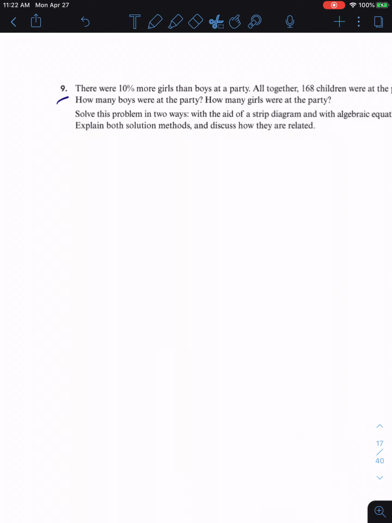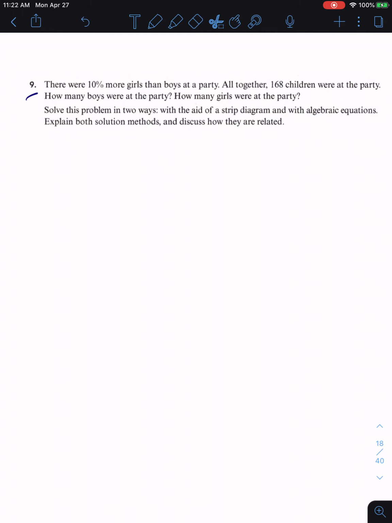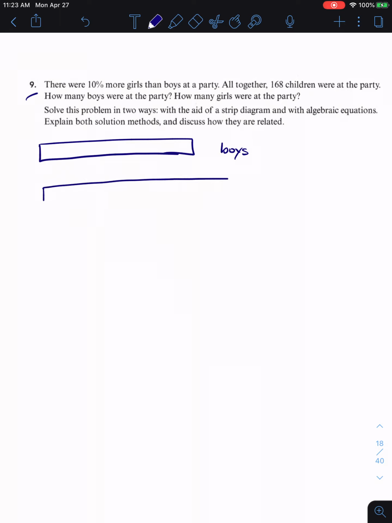There were 10% more girls at the party than boys. So let's see if we can draw a strip diagram. So if this is boys, the girls would be that plus 10%. Right? This is the 10%. This is the 100%.